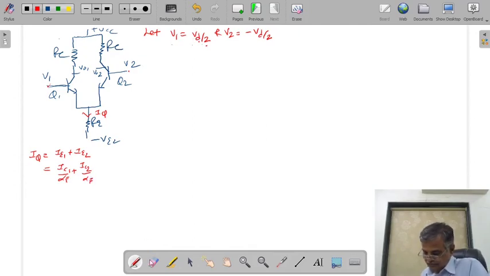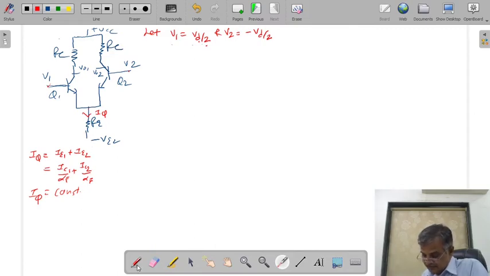What I told you just now: when this voltage increases by some value, at the same time V2 decreases by the same amount. IC1 increases, IC2 decreases. So IQ remains constant, passing through the RE.